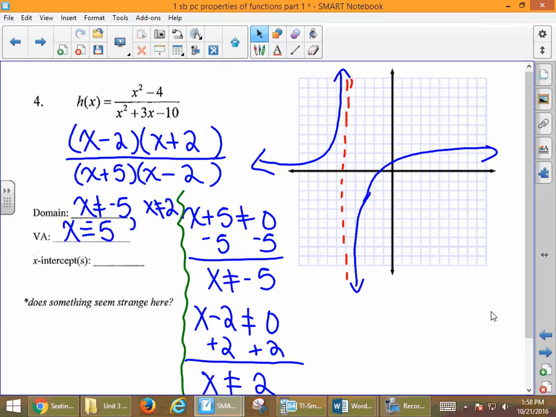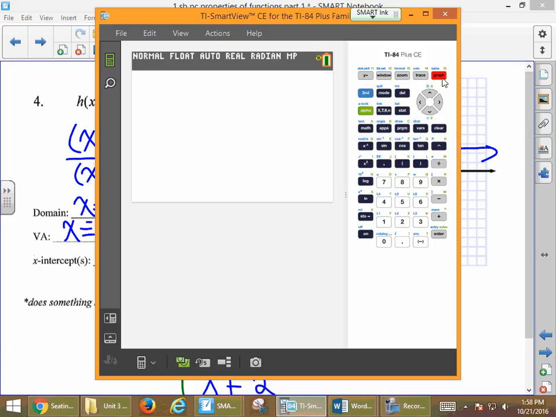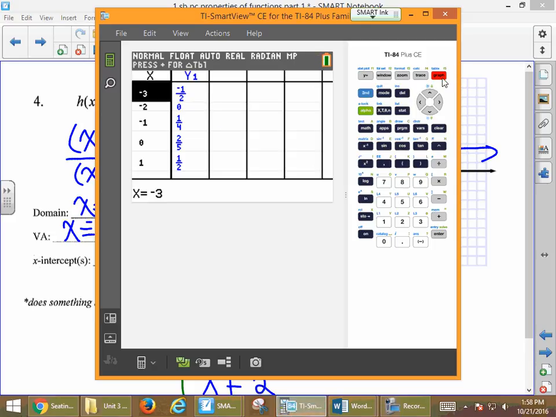But let's go look at our table here, because our calculator has a lot of useful parts to it, and in fact, luckily, it jumps almost right to it. If you notice, our x-intercept always has a y value of 0.